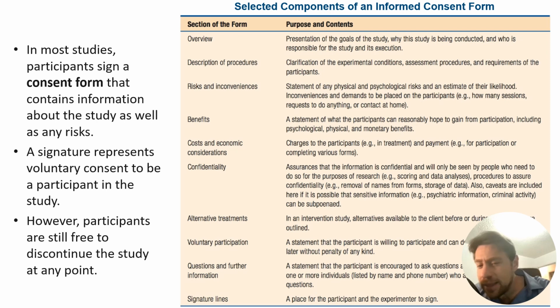And at the end, there is a signature line. And so the signature of the participant is taken as the evidence of informed consent, the voluntary consent to participate in the study. That being said, somebody that signed a consent form can still back out after the form has been signed.